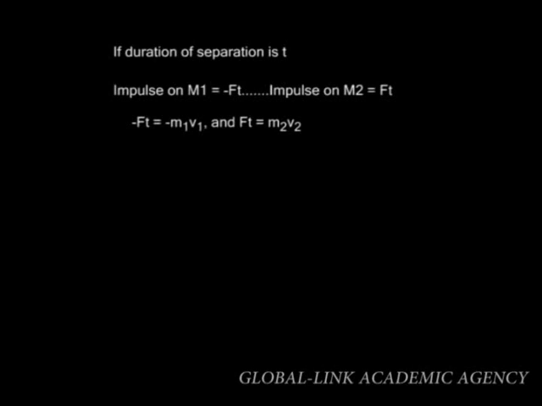Adding the two, plus Ft plus minus Ft is equal to minus m1 v1 plus m2 v2. The Ft's disappear and we shall have m2 v2 plus minus m1 v1 is equal to 0, and therefore m2 v2 is equal to m1 v1. Therefore, momentum before interaction equals the momentum after interaction.